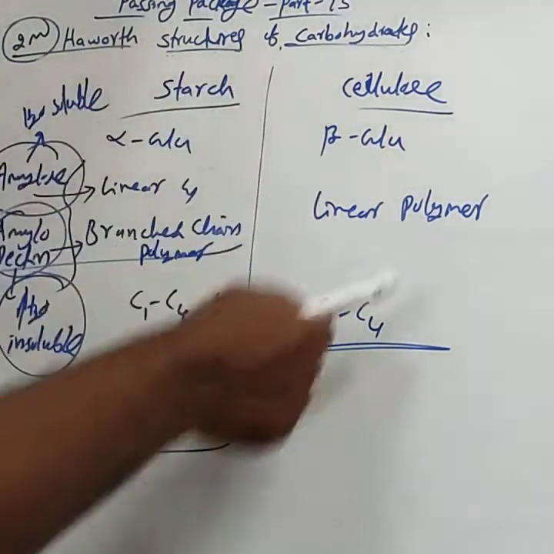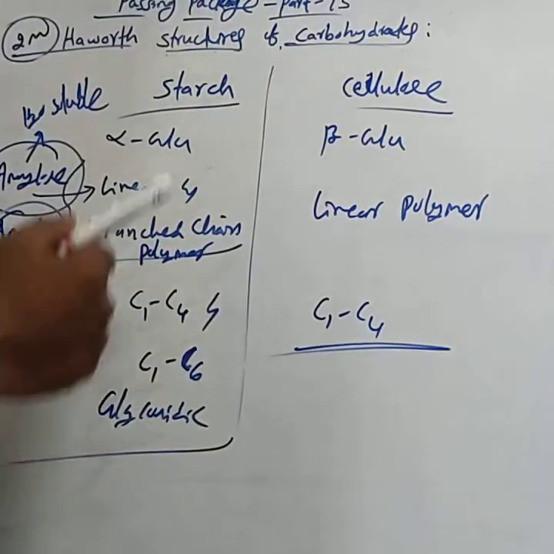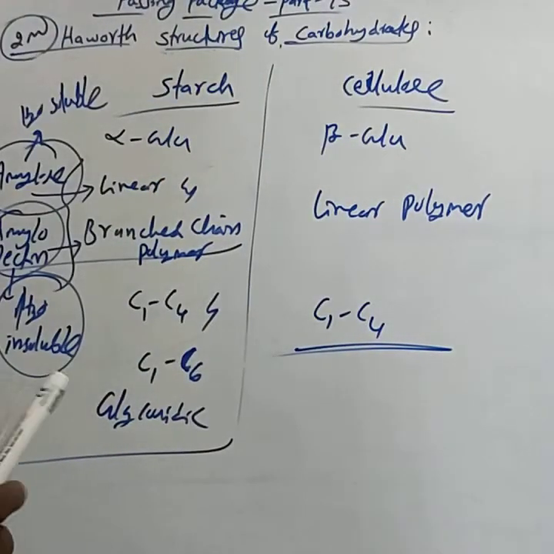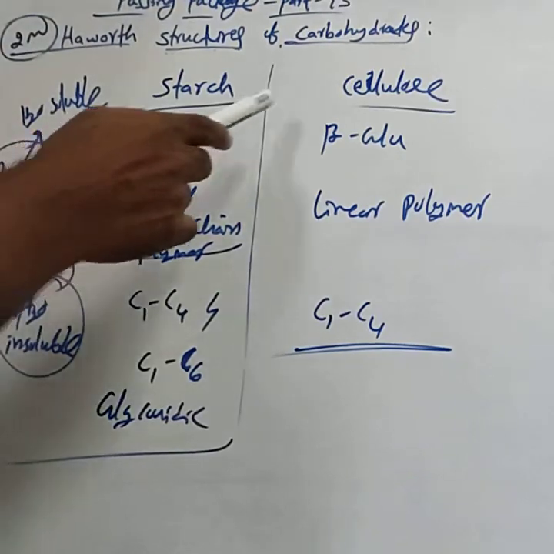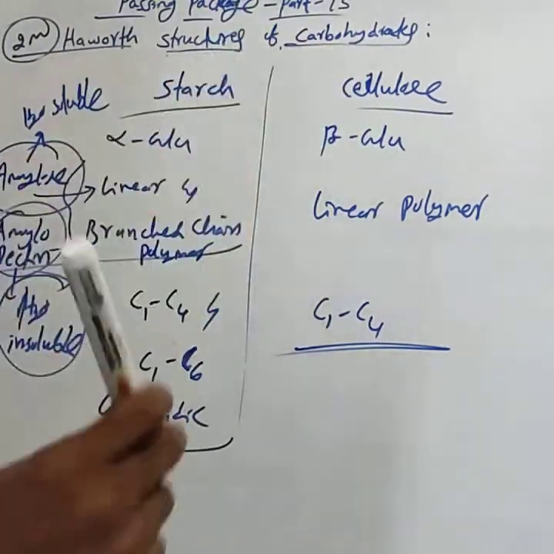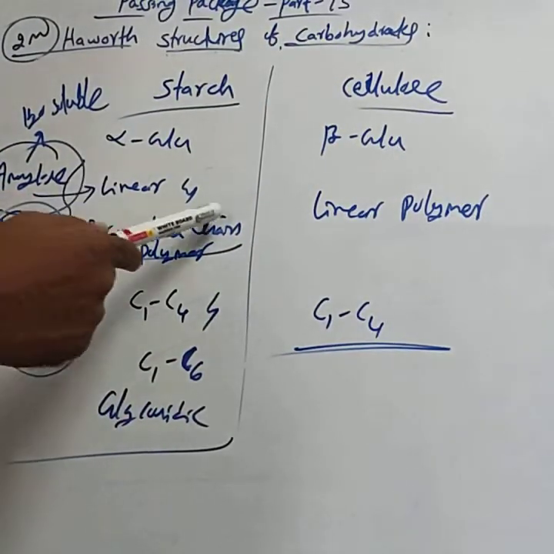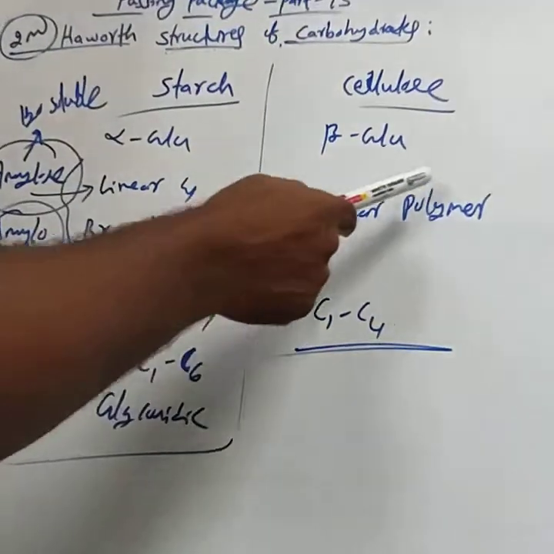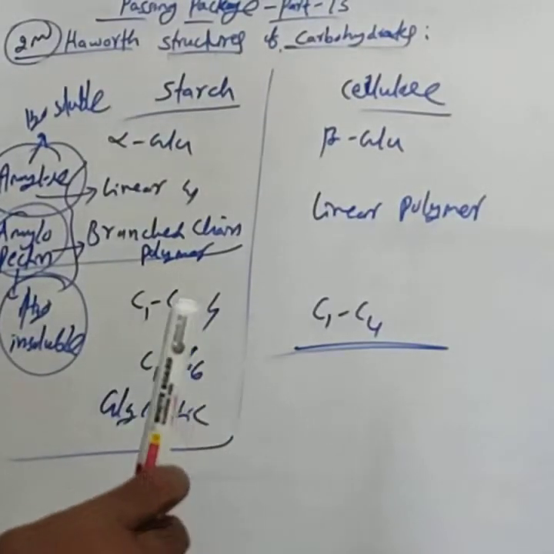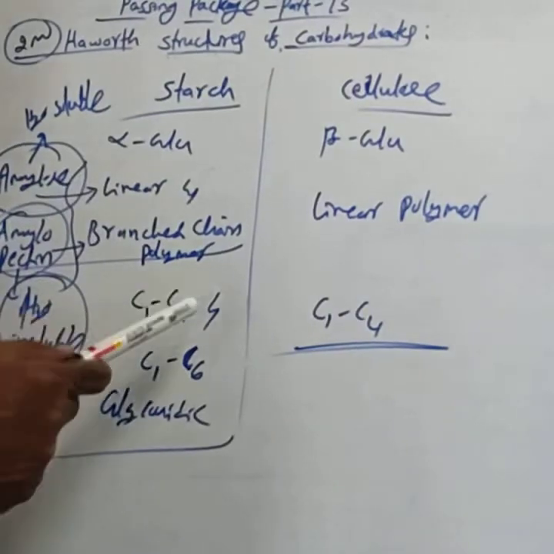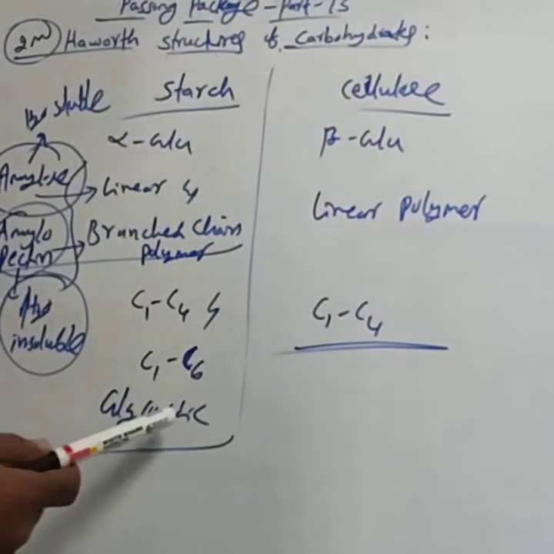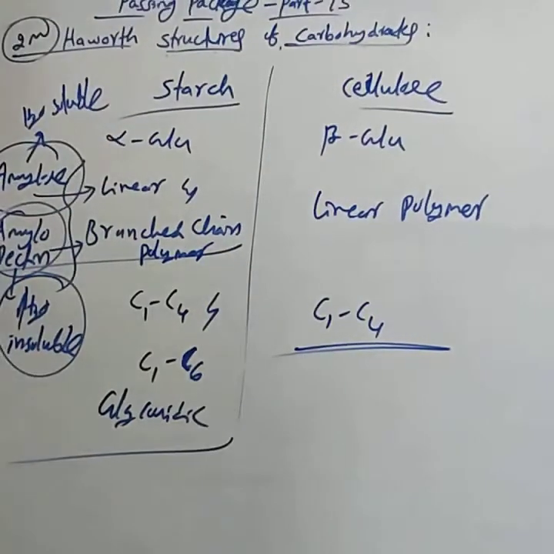This is about the main structural differences between starch and cellulose. Starch is made up of alpha glucose, cellulose is made up of beta glucose. Starch has both linear and branched chain polymer, while cellulose has only linear chain polymer. Starch has C1-C4 and C1-C6 glycosidic linkages, while cellulose has only C1-C4 glycosidic linkage.